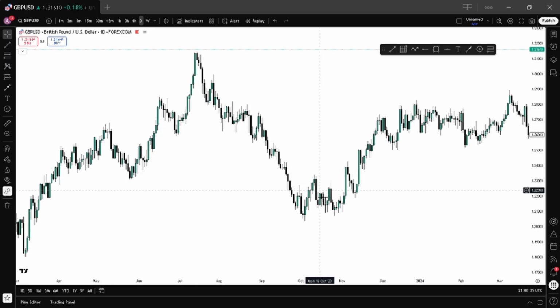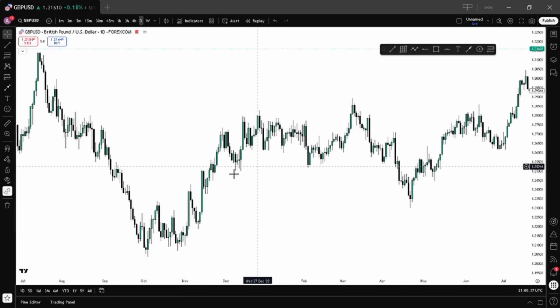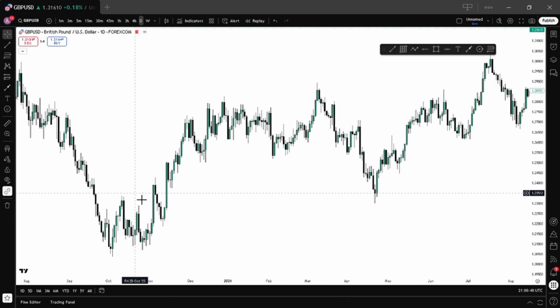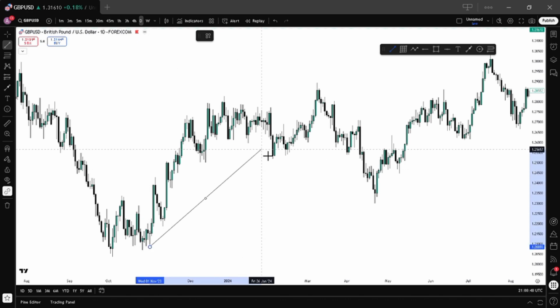So let's get an example for the bullish market first. Let me mark this out first. This is an uptrend, right?